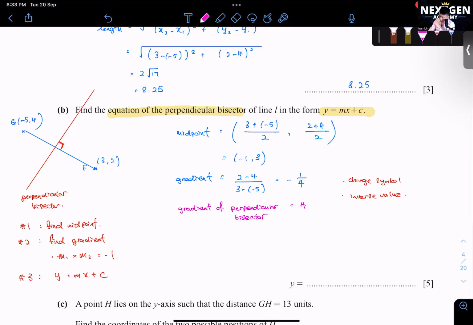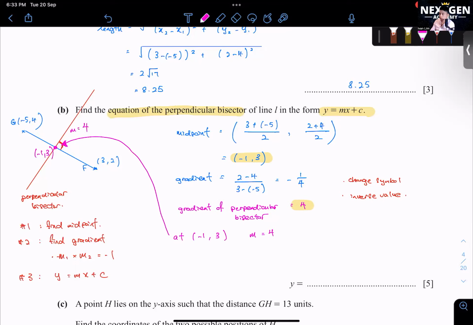So we got the midpoint at negative 1, 3, and then m equals 4. That means I'm finding this line right now. This is the midpoint, negative 1, 3, and the gradient that we found is m equals 4.